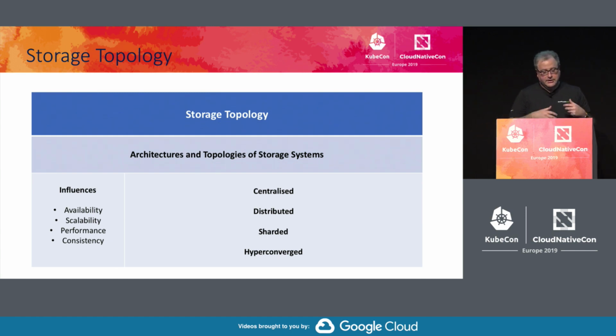You have, on the other hand, distributed storage systems, where the topology of the storage system is made up of a number of different components that can be distributed within an environment. These tend to have better scaling and better capacity attributes, typically at the cost of some of the performance or the latency capabilities.